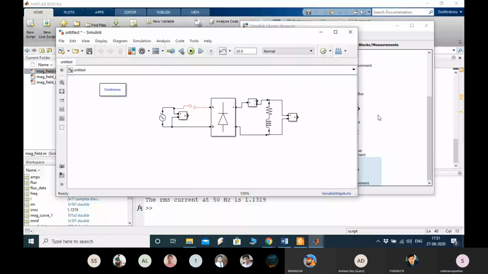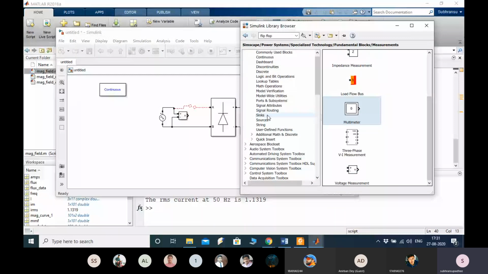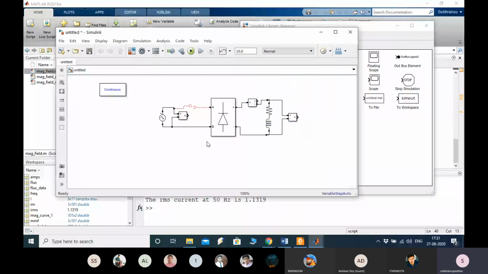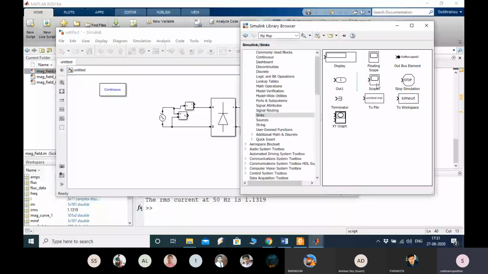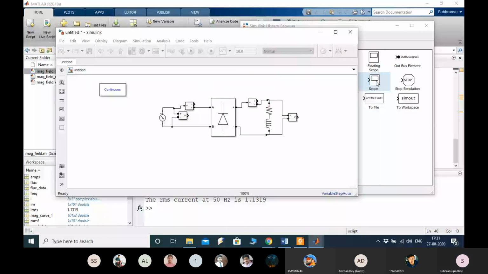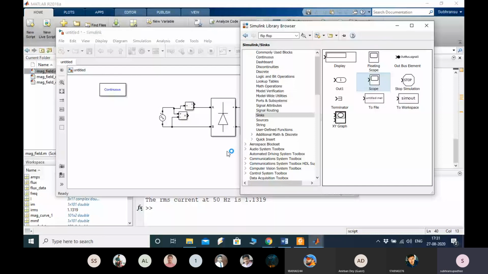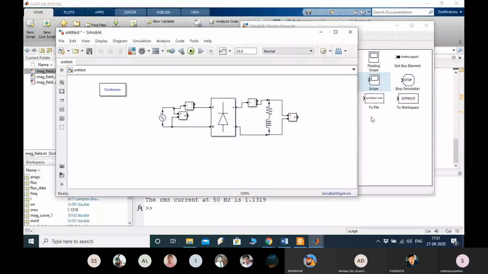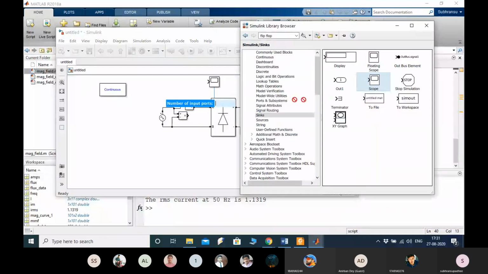Right, go to sink, go to sink, source side as well as load side.